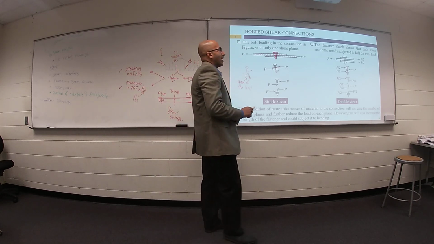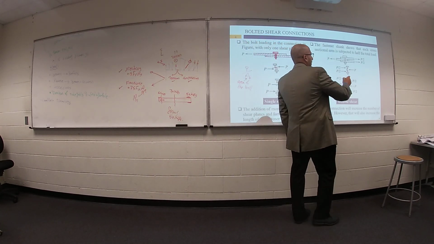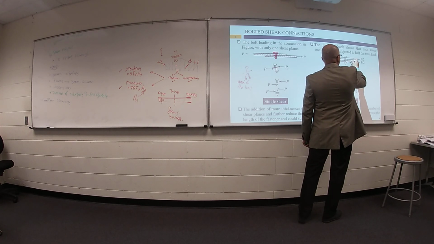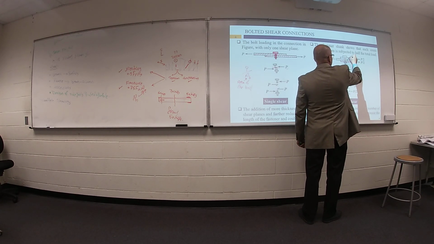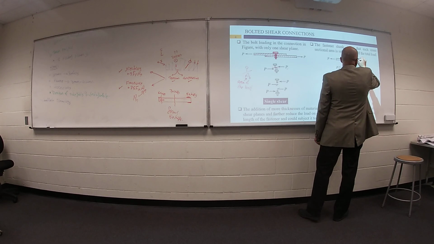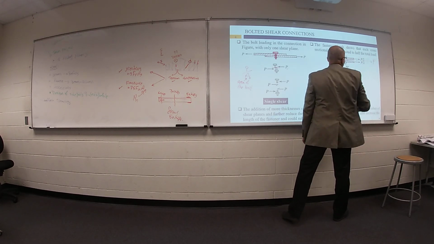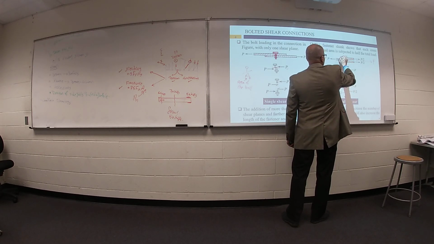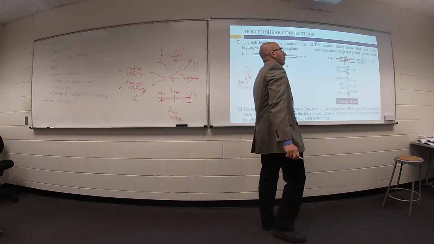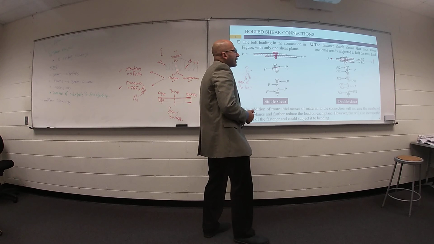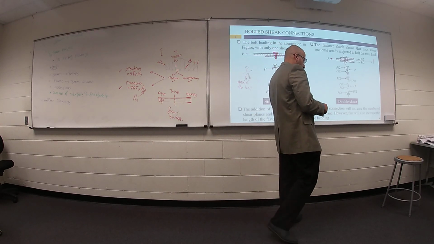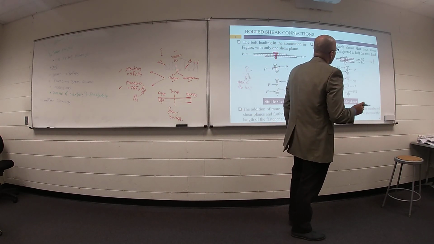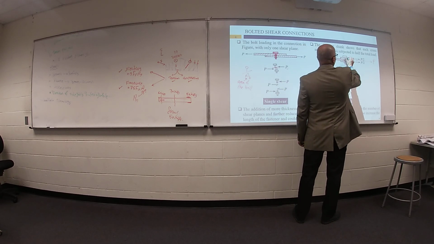However, if you have three plates, this one and this one in this direction under the effect of P, and the third one in this direction under the effect of P, how many planes in the bolt will be under the effect of fracture?